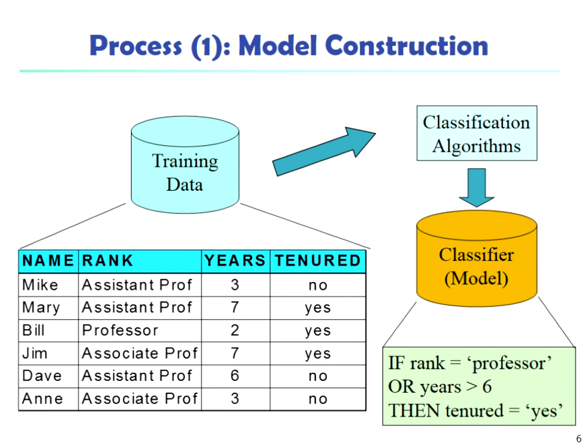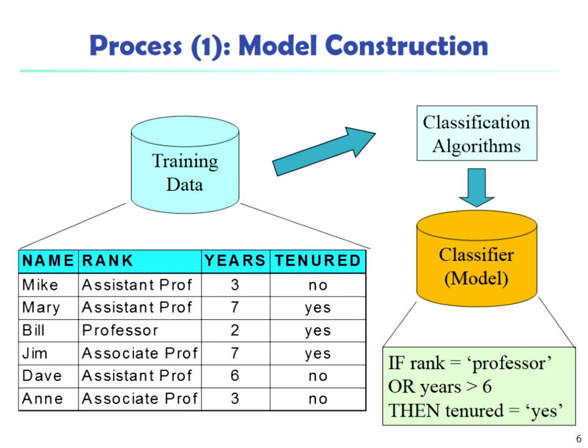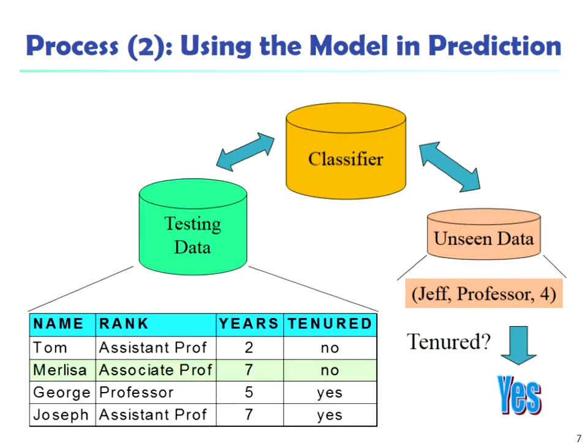So this is the first step, the model construction, and the second step is the use of the model in prediction. So this model will predict the class of other data. So what is the relation between testing data and training data? Here we have training data, and here we have testing data.